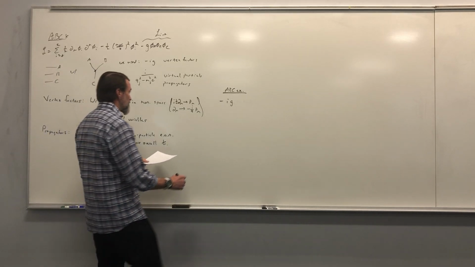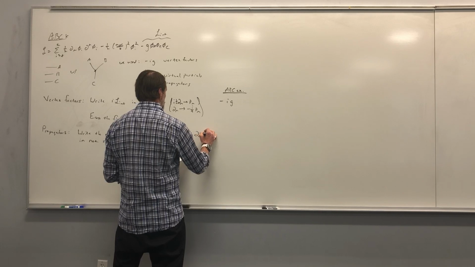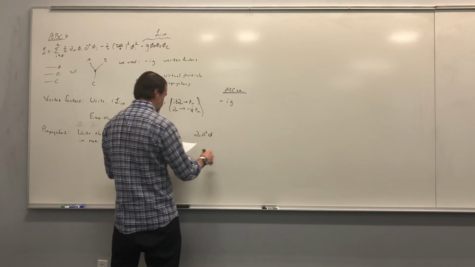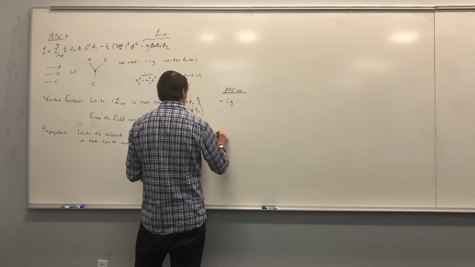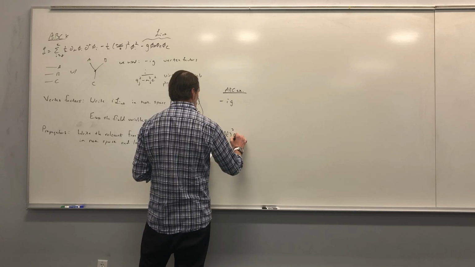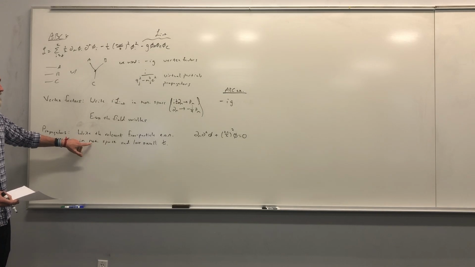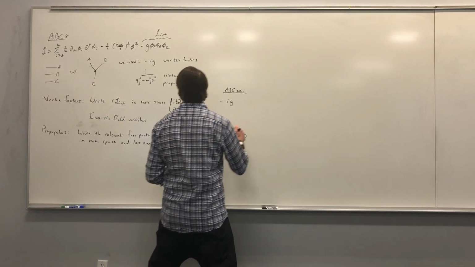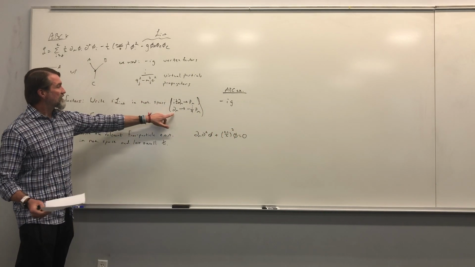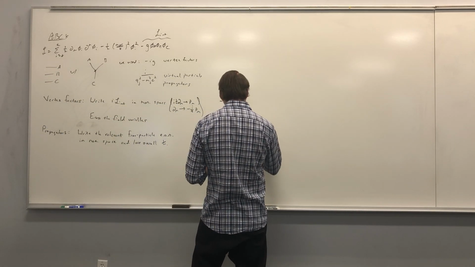Okay? So for example, in the ABC case, we have ∂_μ∂^μ φ plus m²c²/ħ² φ. We want to write that in terms of momentum space, so once again we replace ∂_μ with −i/ħ p_μ.